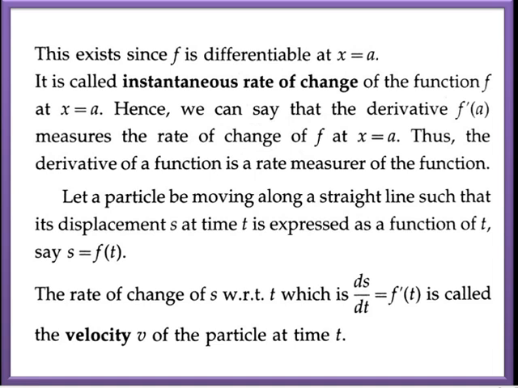Now it is called the instantaneous rate of change of the function at x equal to a. I repeat, it is called the instantaneous rate of change of the function f at x equal to a. Hence we can say that the derivative f dash of a measures the rate of change of f at x equal to a. Thus, the derivative of a function is a rate measurer of the function.